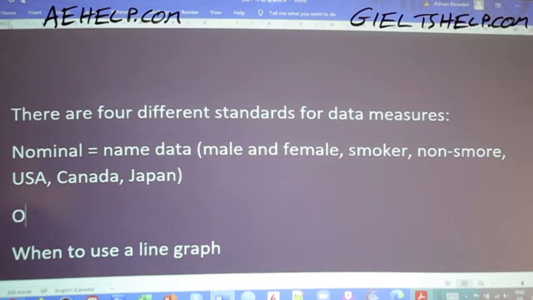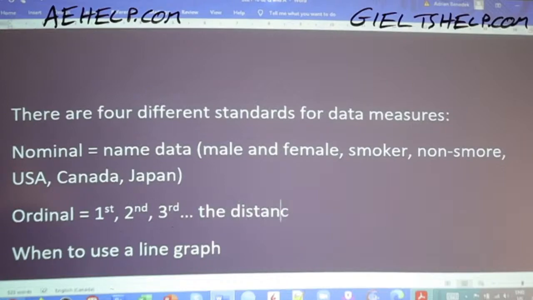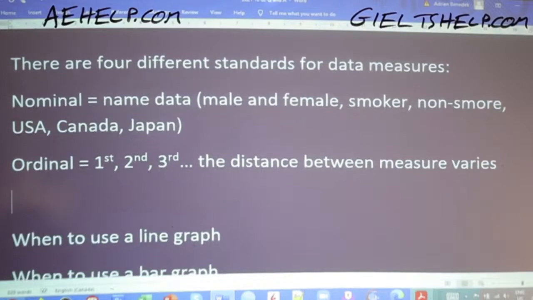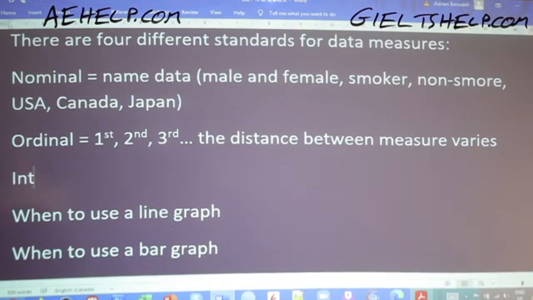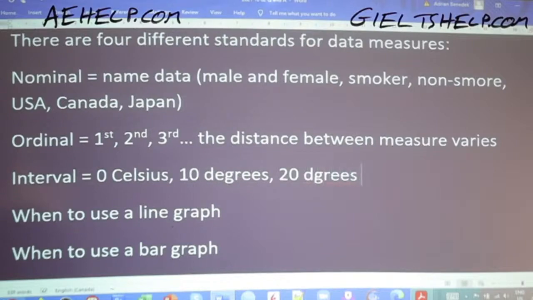So there's ordinal, which means first, second, third, and so on. The distance between measures varies. There's also interval, which is 0 Celsius, 10 degrees, 20 degrees.